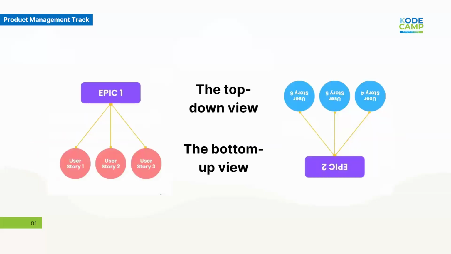Now, when creating an epic, it's very essential to ensure that it aligns with the product's vision and roadmap, right? Epics should be well defined with clear objectives, and they should have good acceptance criteria. And they should also be flexible enough to accommodate changes and iteration as the project or product progresses.